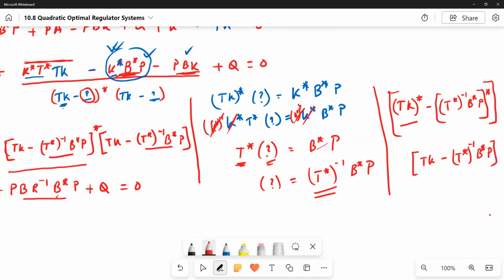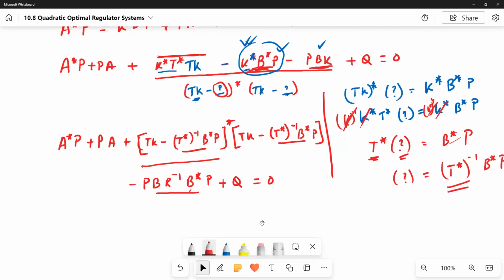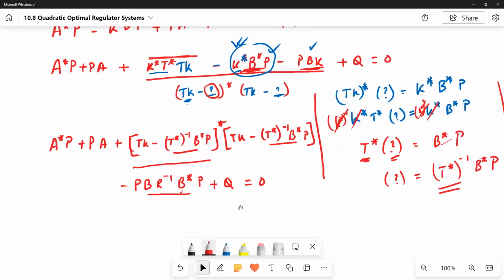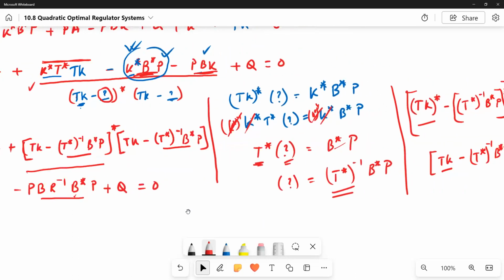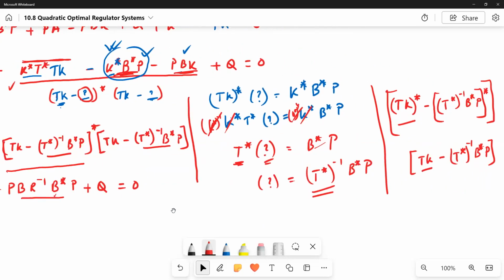So this one and this one is already multiplied and we obtained this parameter. Okay. And then we multiplied this parameter and we obtained this.